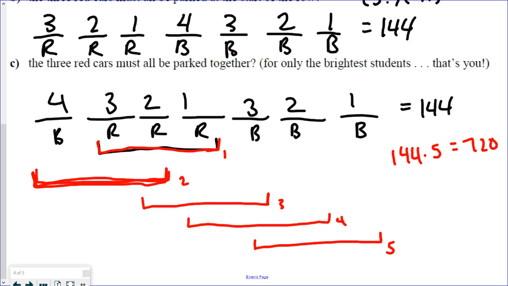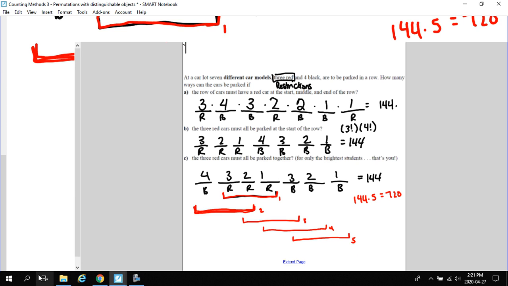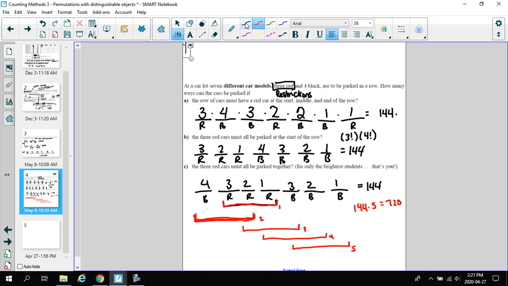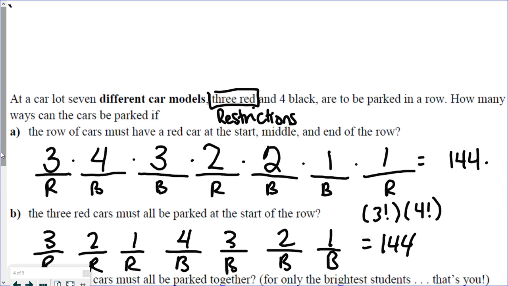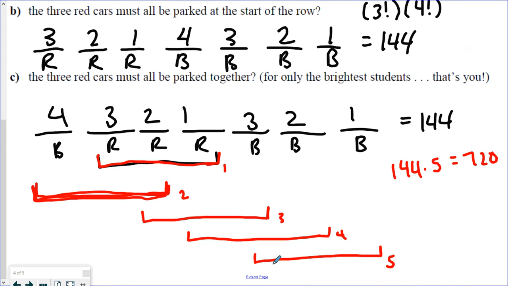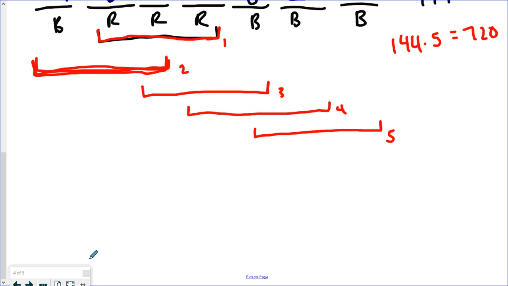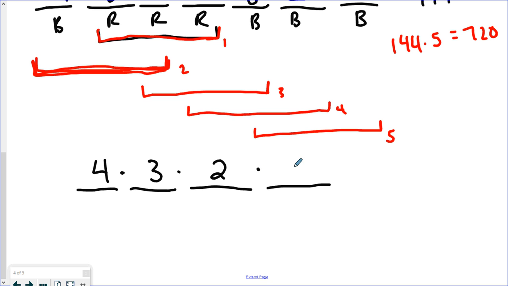The other way that we can look at that is if we think about organizing our black cars first. So again, our 4 black cars, 1, 2, 3, 4, and again, 4 times 3 times 2 times 1.